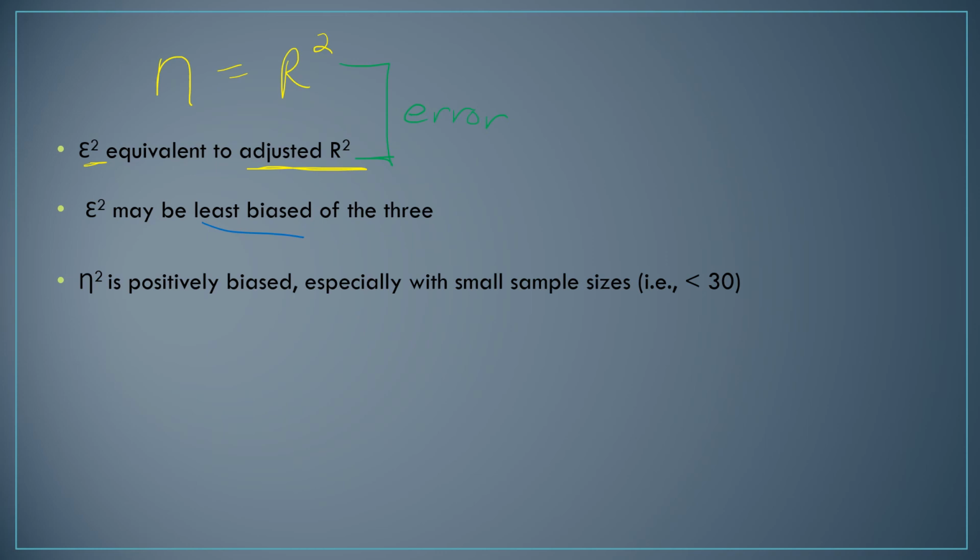And we know that if eta squared is working similarly to r squared, that it's usually more positively biased, where it makes the results look better than they actually are. But this also is associated with very small sample sizes.